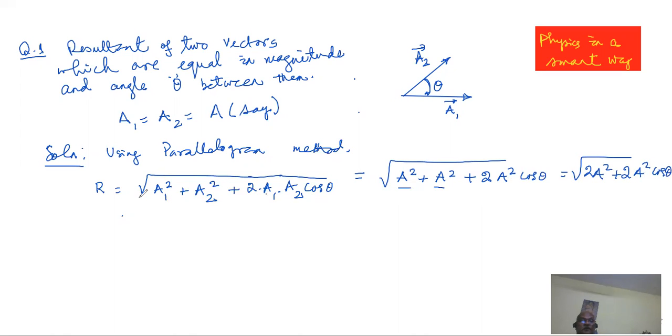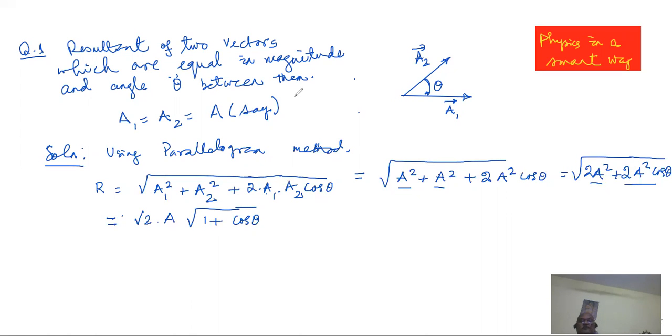Clearly the expression within the square root has two terms and they have 2A square common. So taking 2A square out, we get root of 2A square into 1 plus cos theta. Okay, so that seems to be the answer.